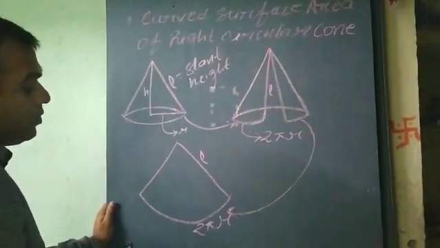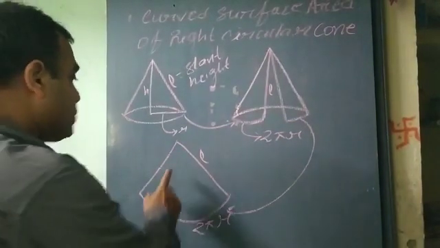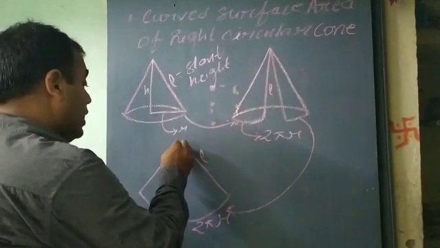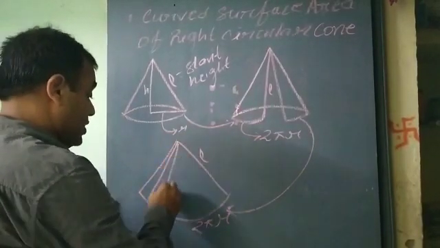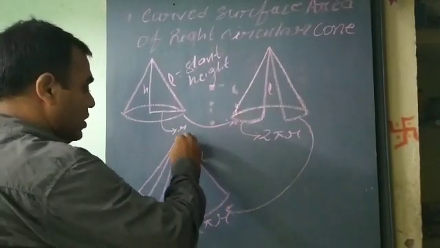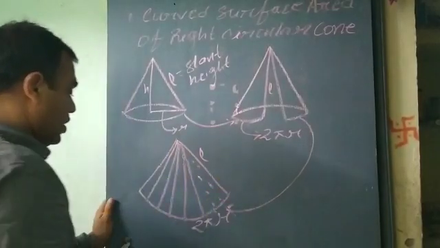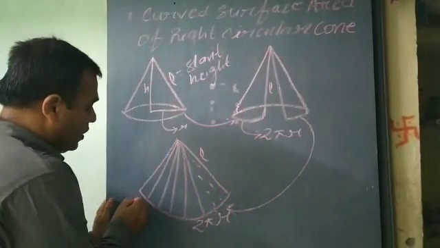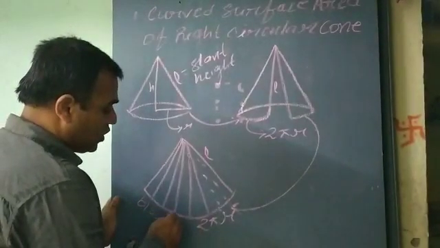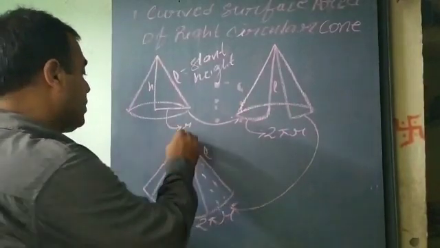Now we will divide this spread figure into a large number of triangles. This one is base 1, base 2, base 3, base 4, base 5, and so on, a large number.